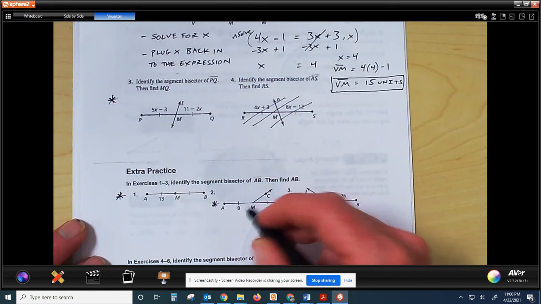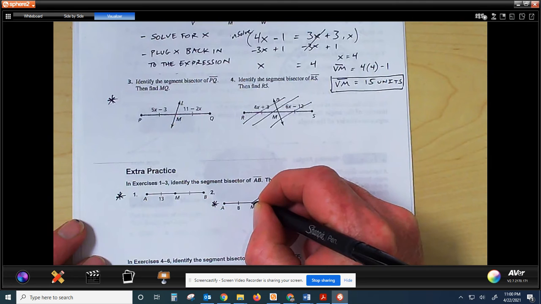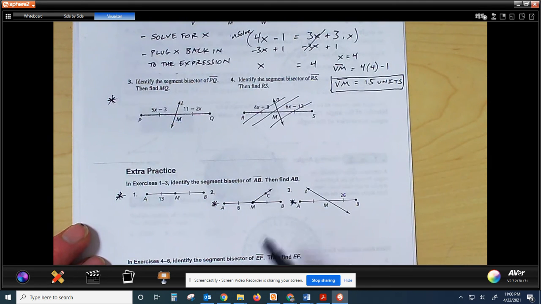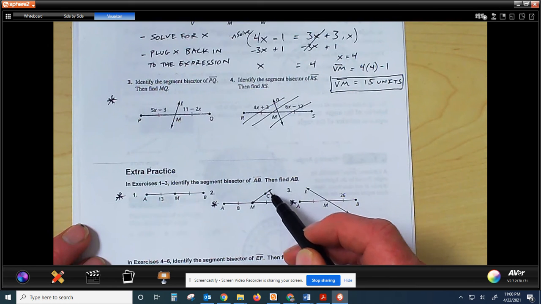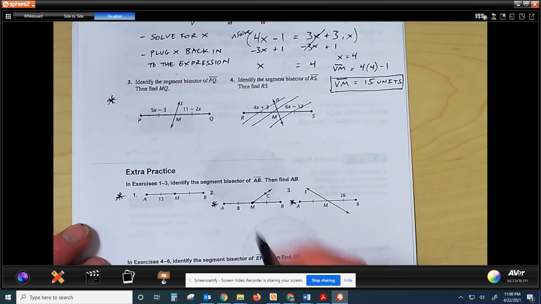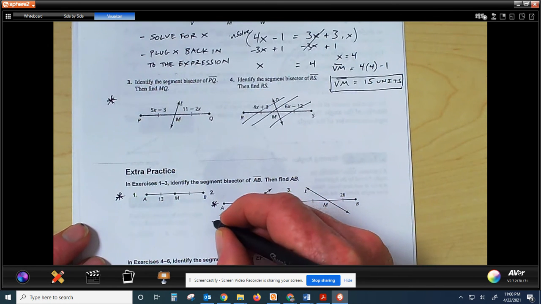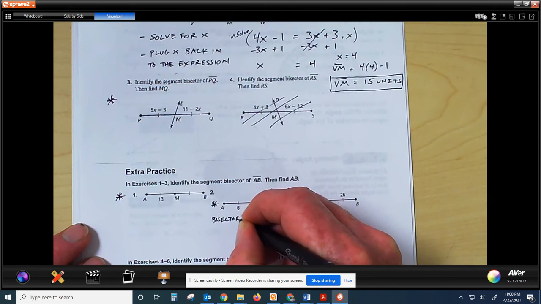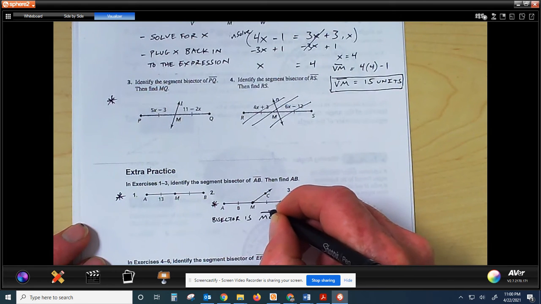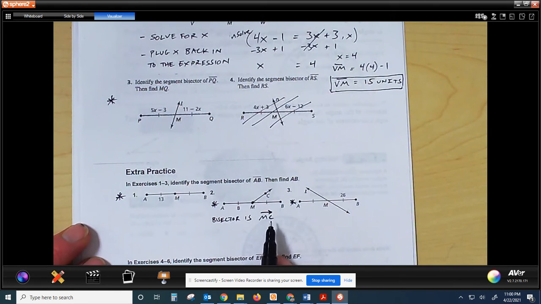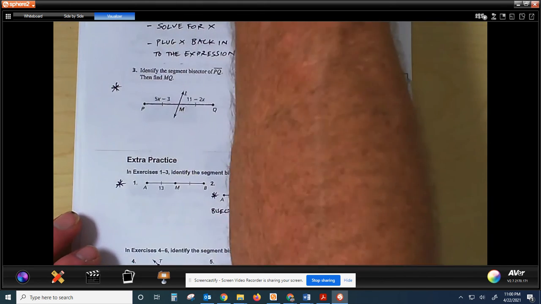Okay, so this happens to be a ray, if we didn't cover it very well the other day. Starts at an endpoint, goes through another letter, continues on with an arrow. So the bisector is ray MC. So it's symbolized with the 2 letters and an arrow over top.